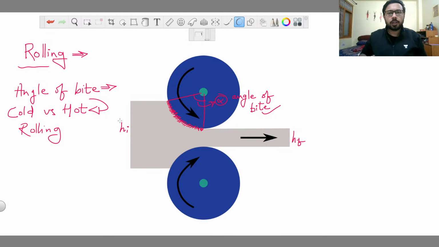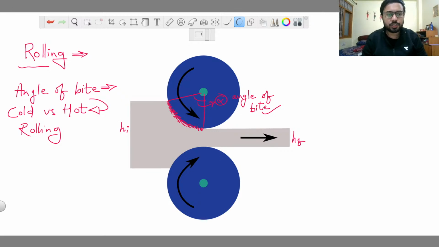Hot rolling is done at a temperature more than the recrystallization temperature, and when we reach it, we pass through recovery, and in recovery the stresses are gone from the grains. We get stress-free equiaxed grains, new grains formed during recrystallization. So the ductility is higher for hot rolling, and the workpiece will let more reduction happen.